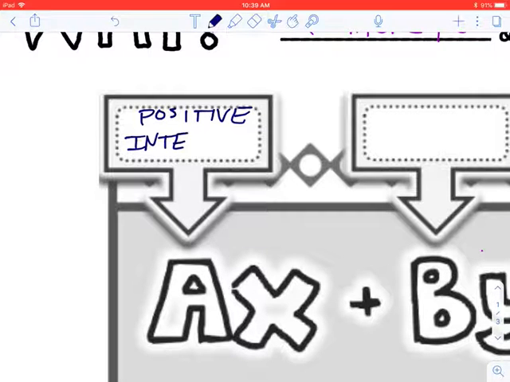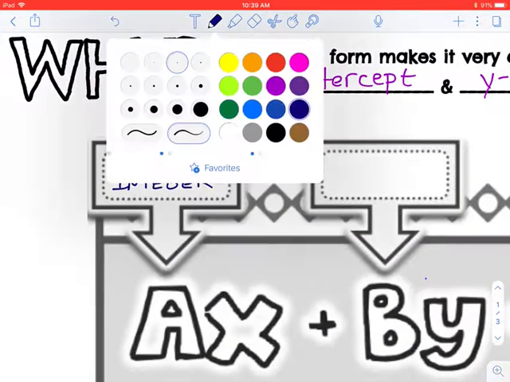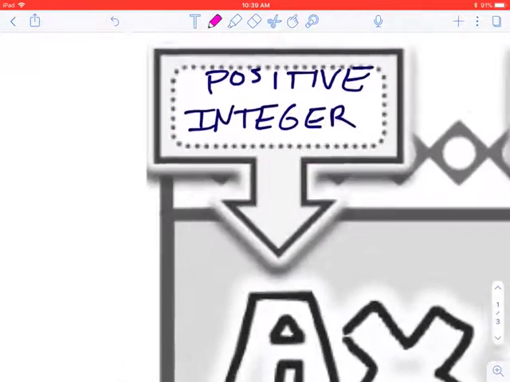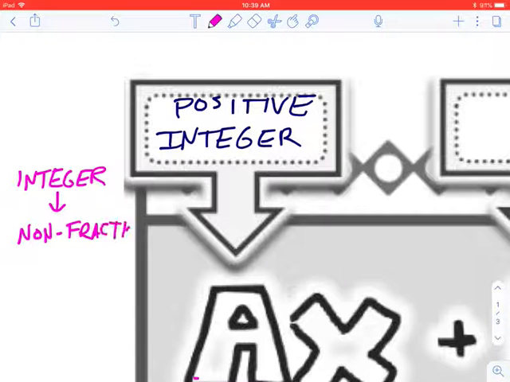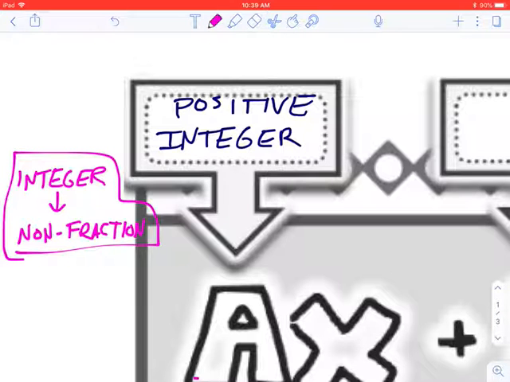Now, when I say an integer, let's just write that to the side here. An integer, a little reminder of what an integer is: a non-fraction. Can't have any fractions as that first one. So it's got to be positive, and it's got to be a whole number. Okay? So not a fraction.